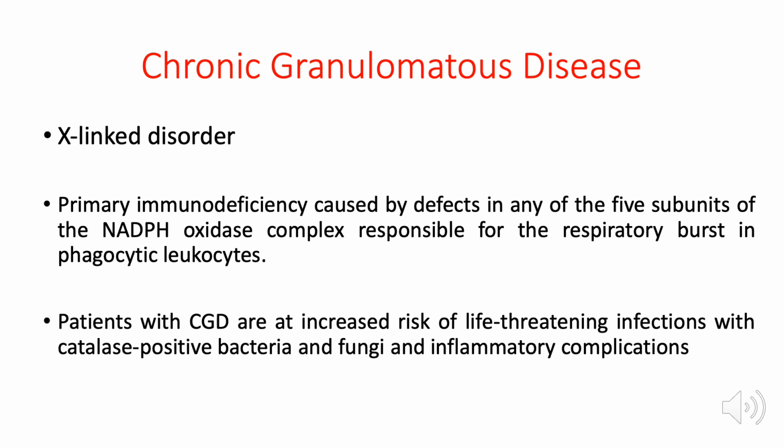That's why patients with chronic granulomatous disease are at increased risk of developing life-threatening complications or infections with catalase-positive bacteria, because these bacteria are best killed with toxic oxygen radicals which the patient cannot produce because of the absence of the components of the NADPH oxidase complex.